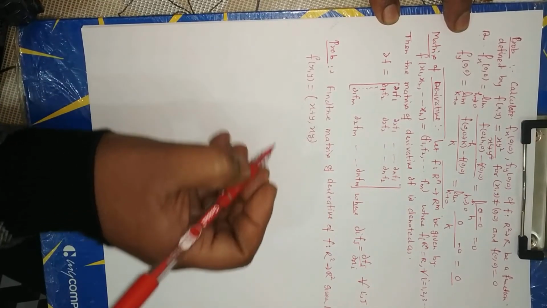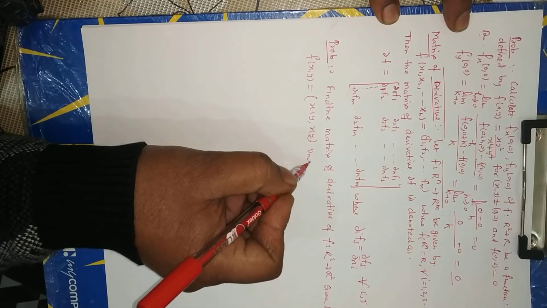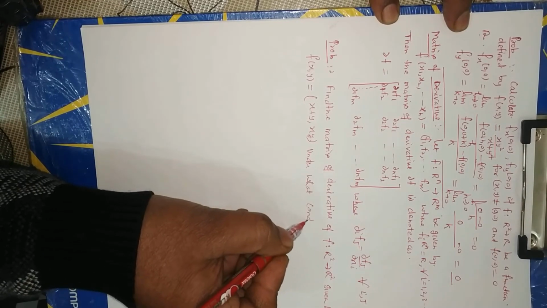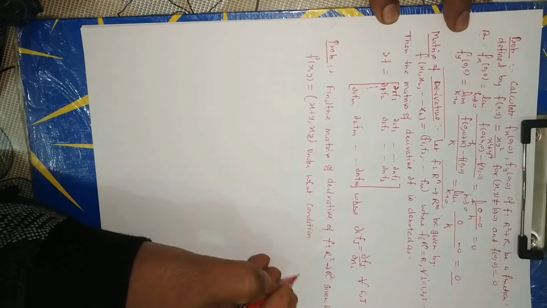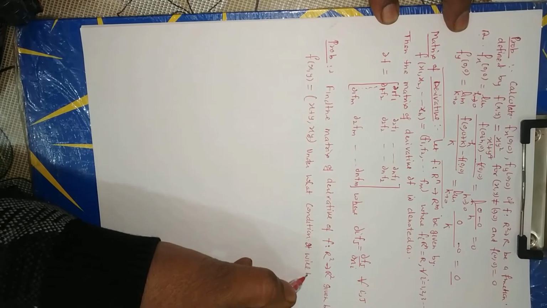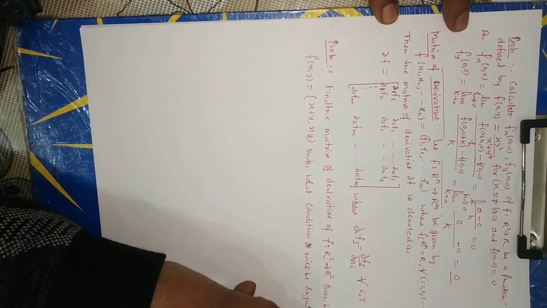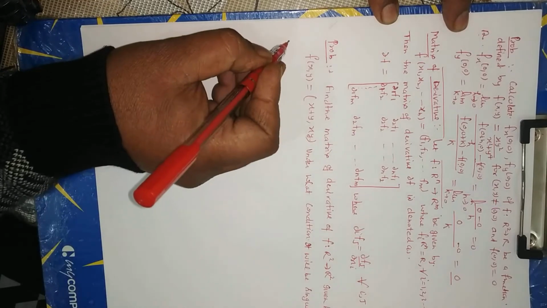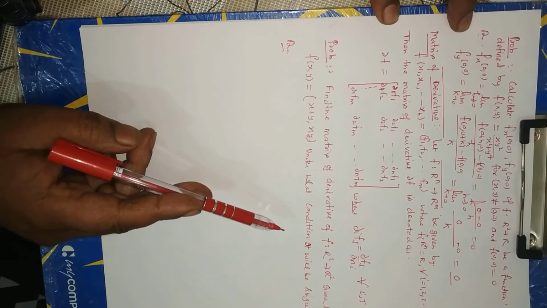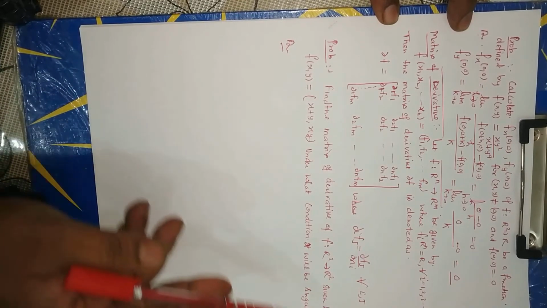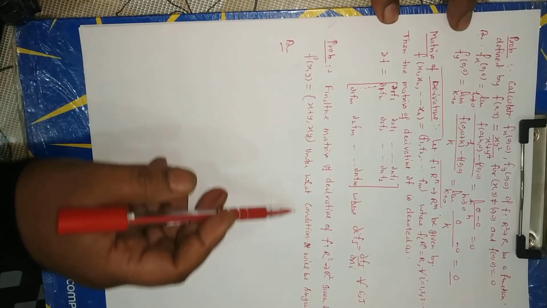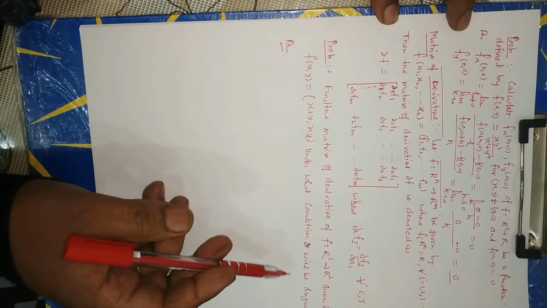Under what condition will it be singular? Okay. Now repeat the question. Find the matrix of derivative of a mapping f from R square to R square given by f(x,y) equal to (x plus y, xy). Under what condition will it be a singular matrix?